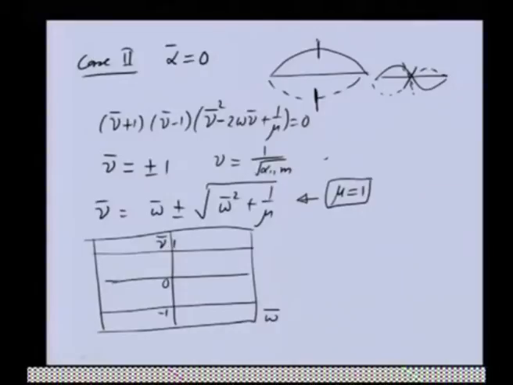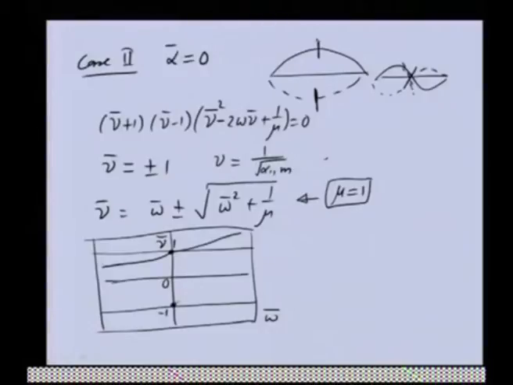So that means if mu is equal to 1, when the speed is 0, nu bar is at this location. For this particular value only it will coincide here, and if we increase the speed the frequency plot will be something like this, or if you decrease it, it will go like this.